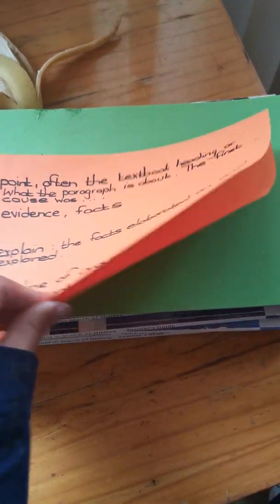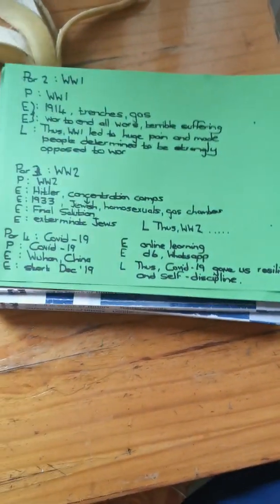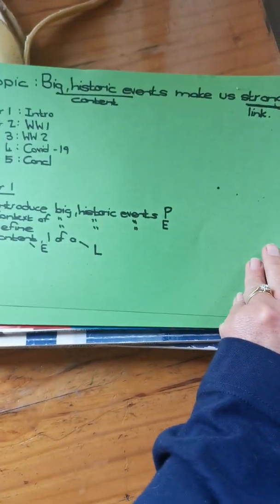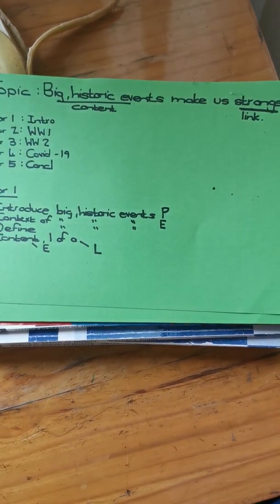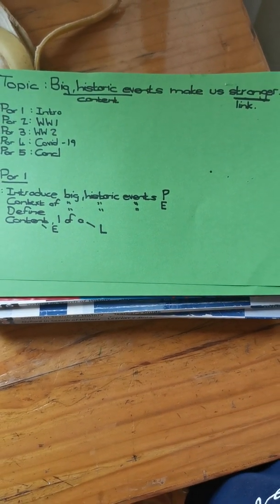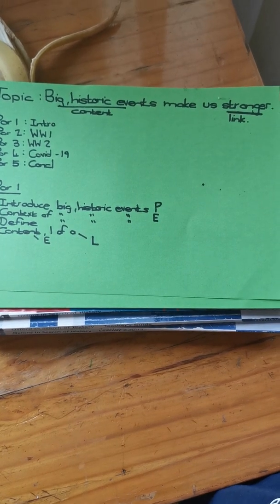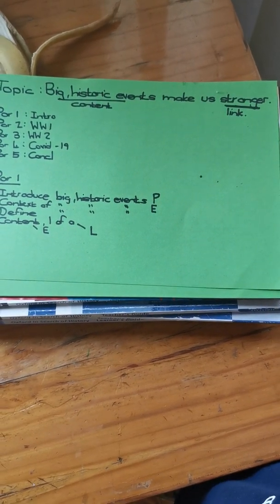Let's do a practical example. So here we have a practical example where we've got a topic like big historic events make us stronger. So let's first decide what's the content: big historic events. What is the line of argument or the link? That it makes us stronger.